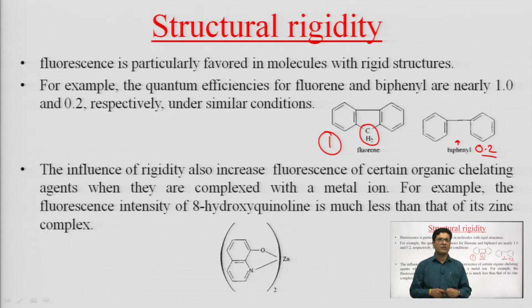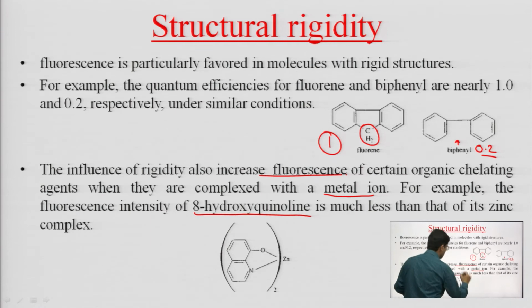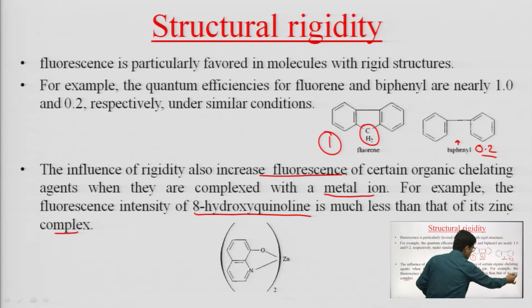The rigidity also increases the fluorescence of certain chelating agents when they form complexes with metal ions. An example is that the fluorescence intensity of 8-hydroxyquinoline is much less than that of its zinc complex.